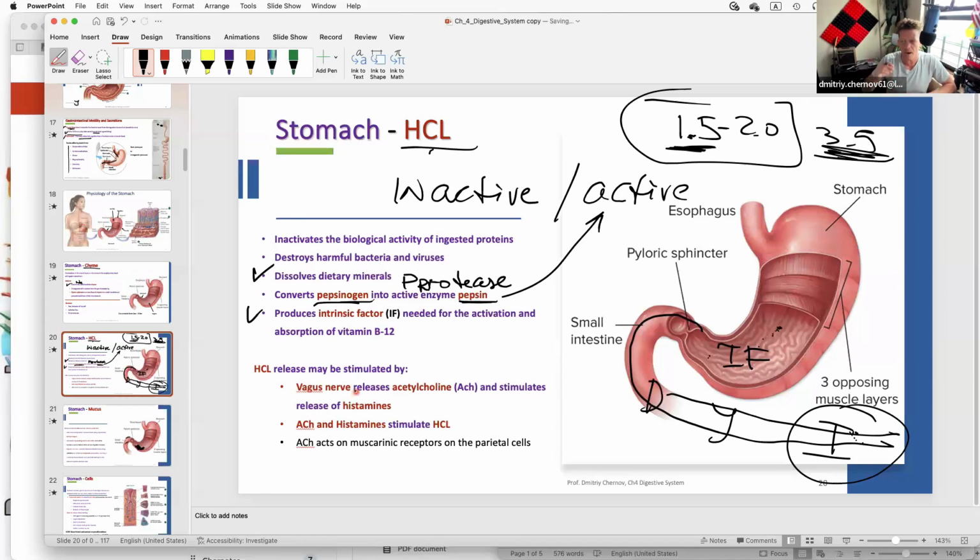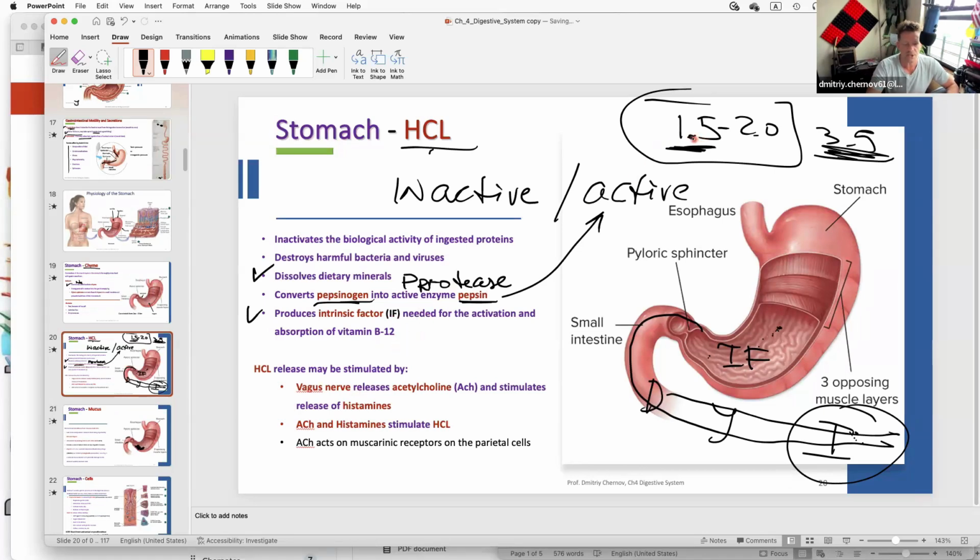I'm skipping details on digestion and absorption of vitamin B12, right? Because it's the next level of nutritional course, mostly biochemistry. But for now, we just need intrinsic factor to properly absorb vitamin B12. That's it.